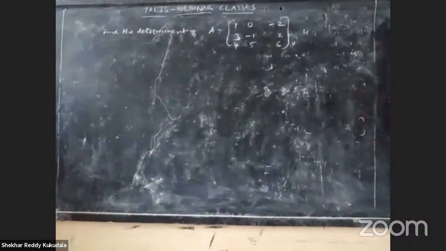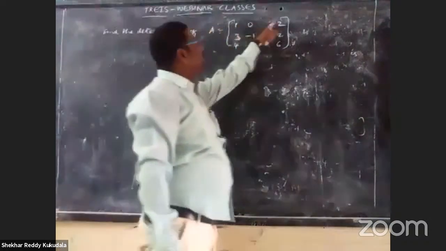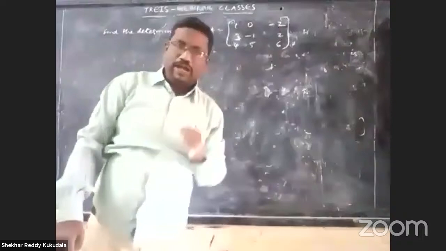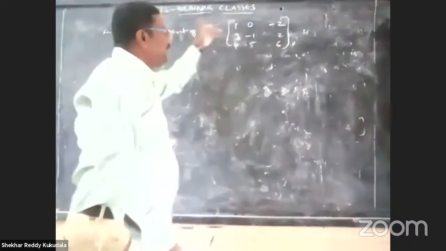For this, you need not find cofactors separately for any one row's elements. So I am taking the first row for our convenience.